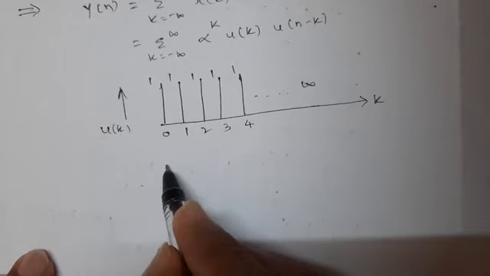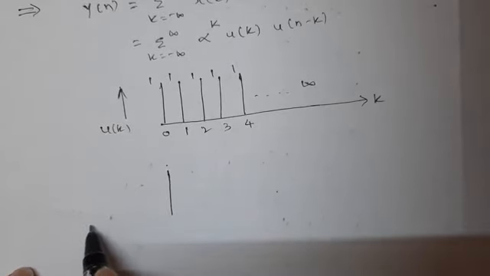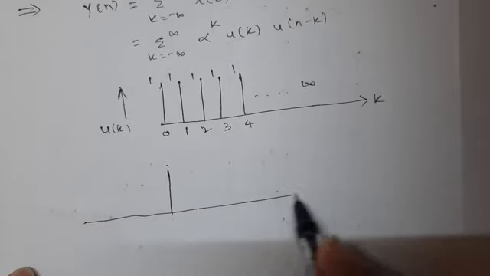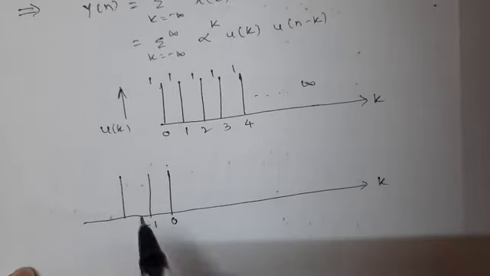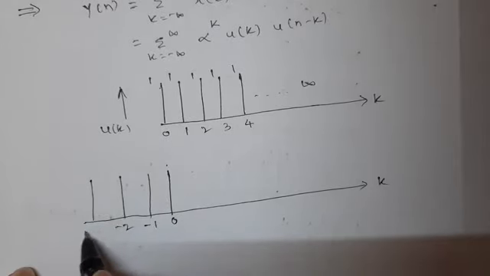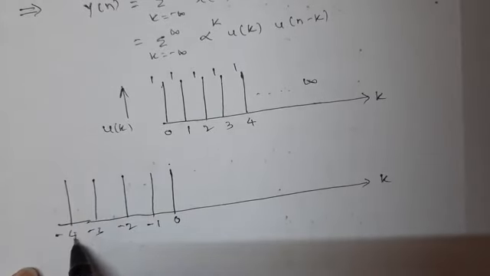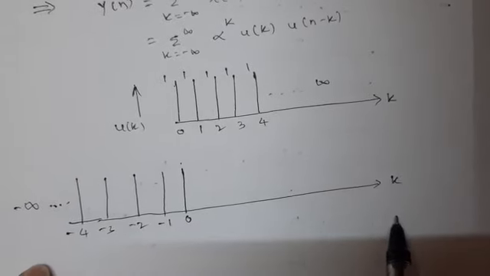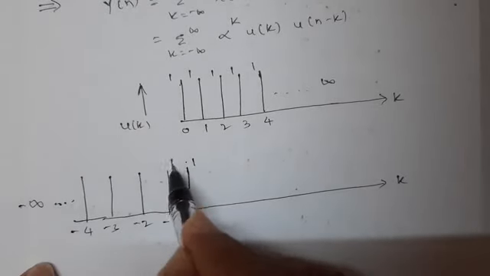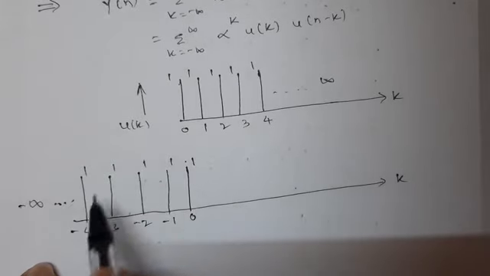So u of minus k starts at 0. U of minus k is the reflected version of u of k, towards minus infinity, amplitude 1. I have simply written u of minus k.